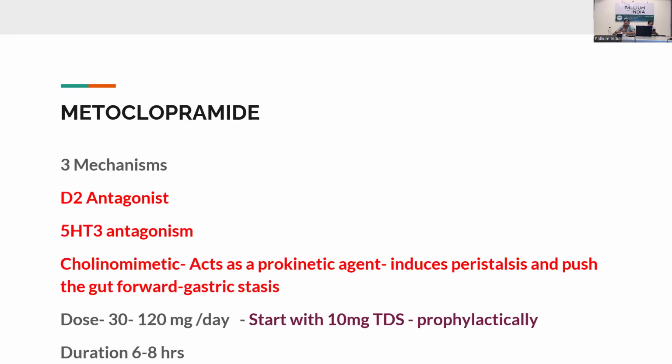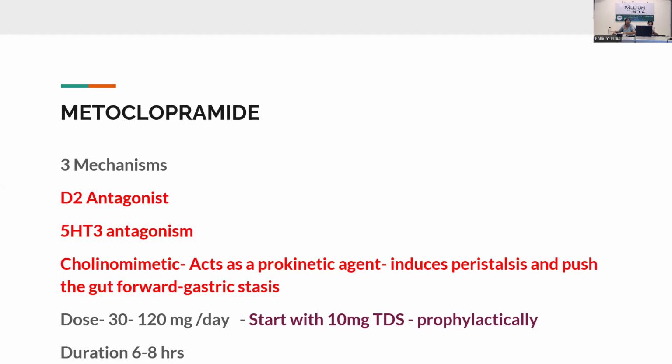So let's learn a few things about metoclopramide. Metoclopramide is a wonder drug. It is a very good drug. We use it very commonly because it has three actions. Not only is it a D2 antagonist, it also has two more actions. It has a slight 5-HT3 antagonist action also. Also, it has a cholinomimetic property.